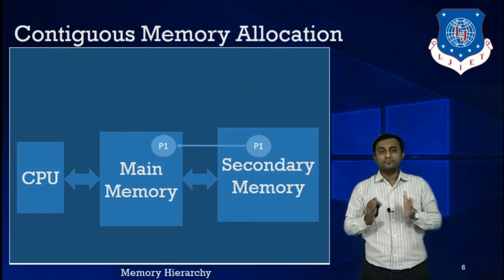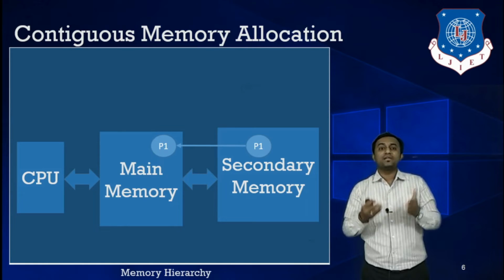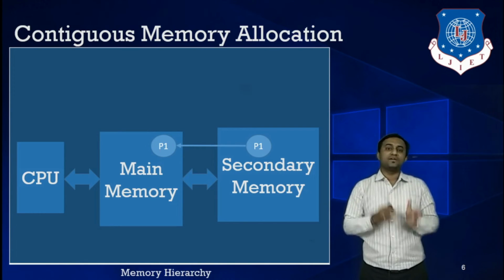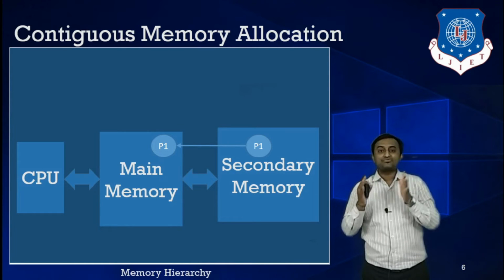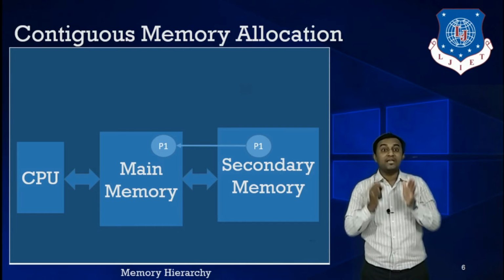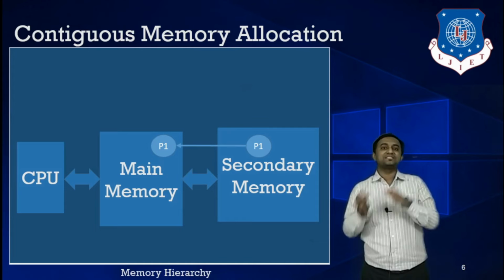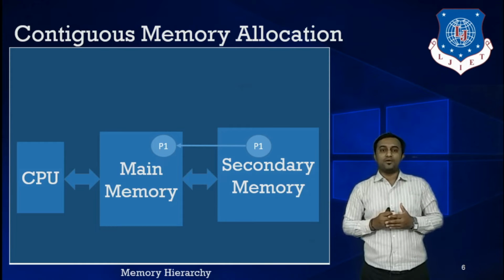If 10 KB of space is available anywhere in main memory, in that case we can shift that process into main memory. But the condition is that the 10 KB of space should be available in main memory in contiguous fashion. Then and only then can we shift that process into main memory. So this is the contiguous memory allocation policy.